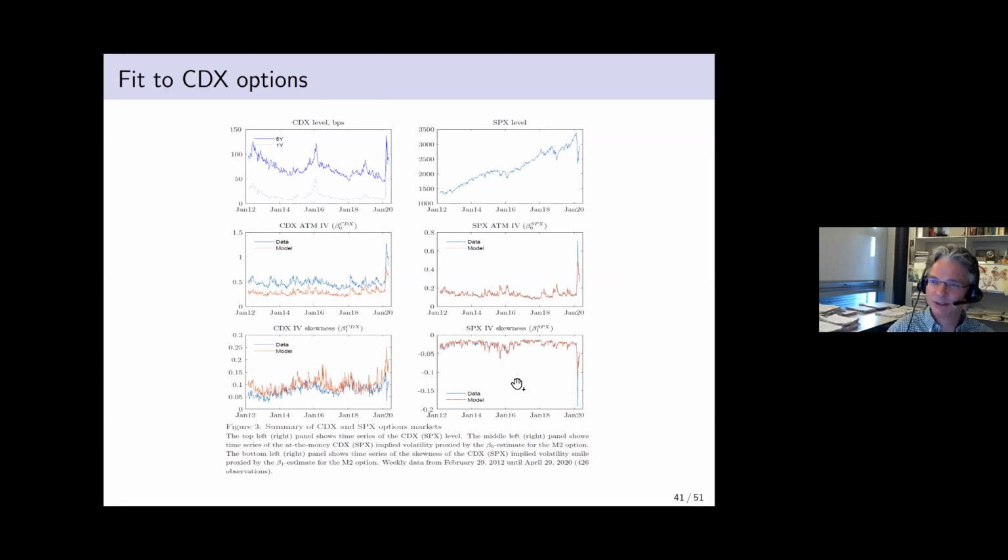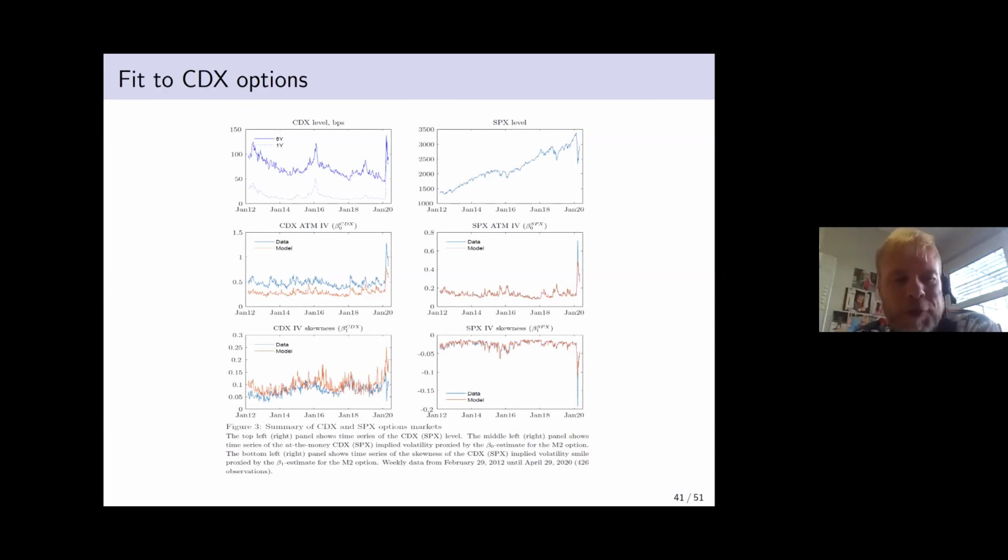So, are you still around, Anders? Yeah. Let me just add that when it comes to the CDX option payoff, it's in terms of the upfront values, which are really what is traded in the market. So I don't think the conversion from upfront to spreads is important in our case.